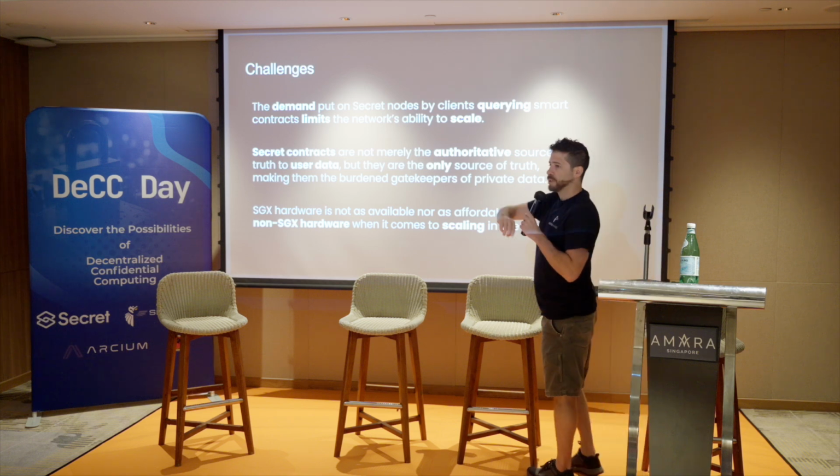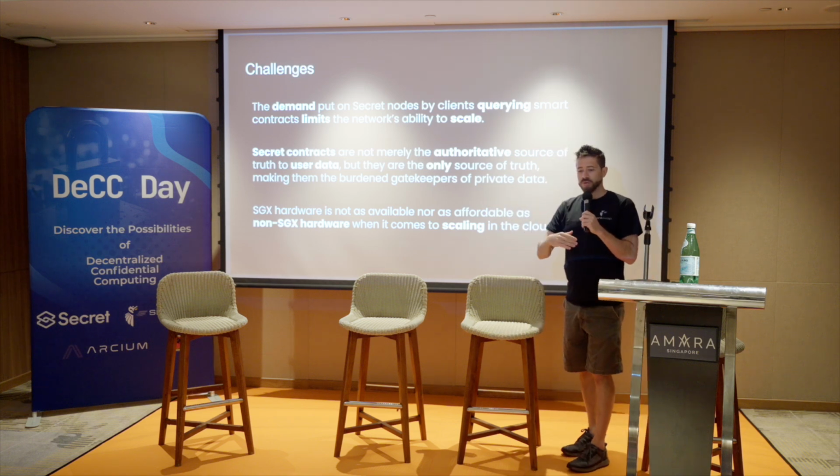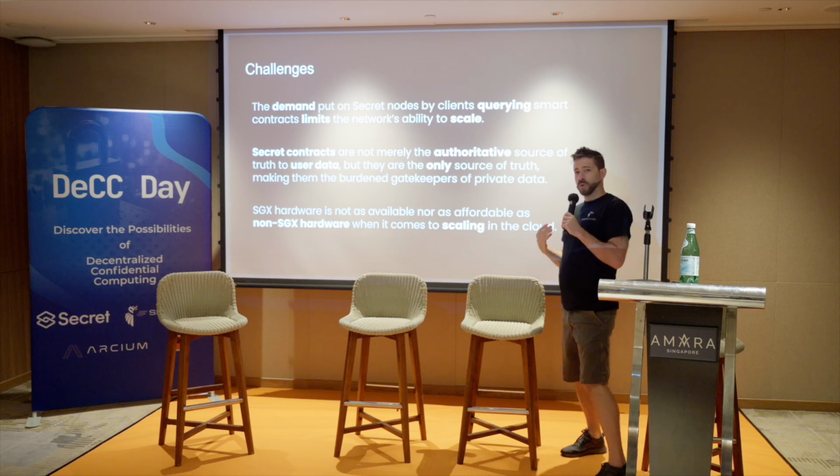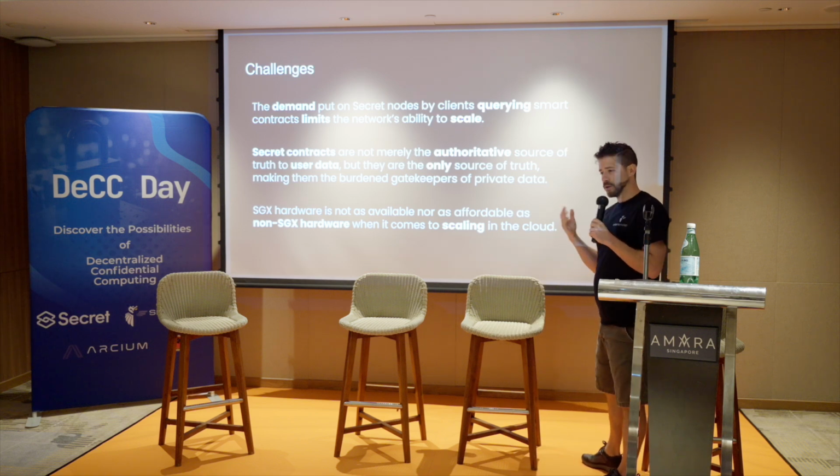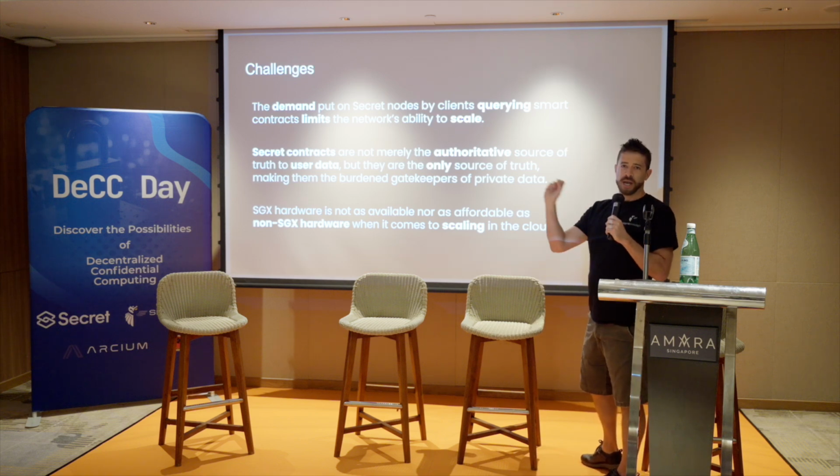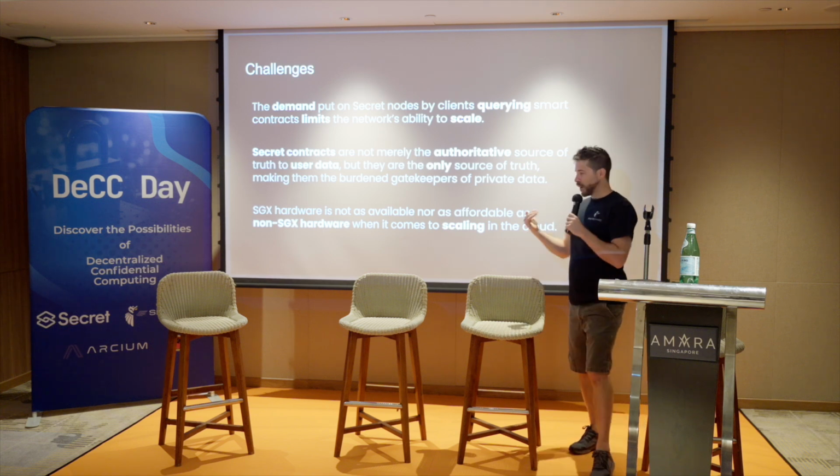The results get encrypted and sent back to you. So there's a lot of hardware required just for a simple query, whereas on an EVM, this stuff is cached outside of the nodes and can be queried very easily. So what we thought is, why can't we do that?